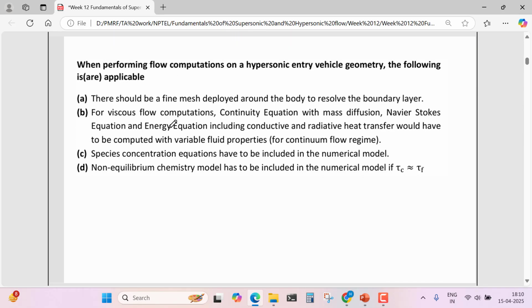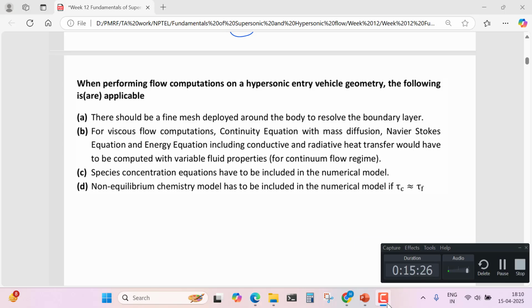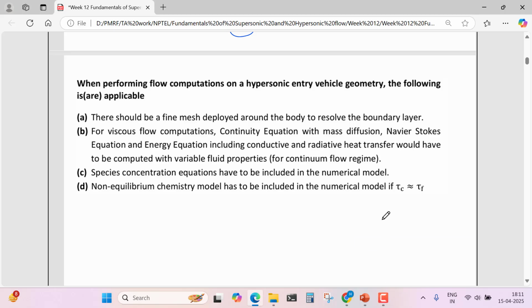We'll see the next problem. When performing computations on a hypersonic entry vehicle geometry, the following is or are applicable. Option A, there should be a fine mesh deployed around the body to resolve the boundary layer.